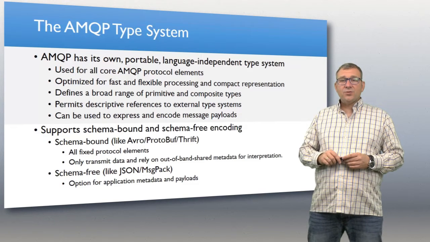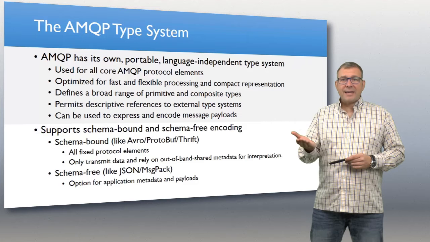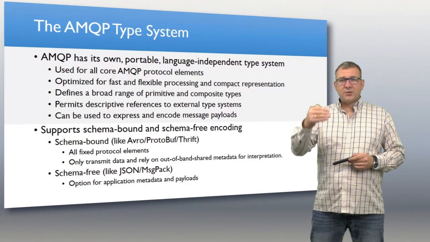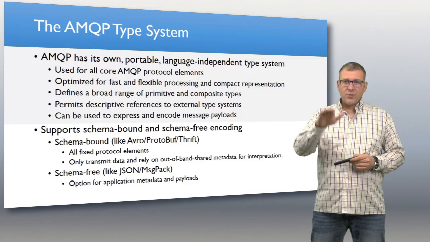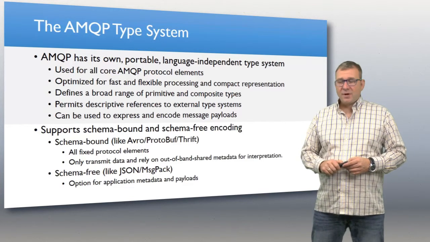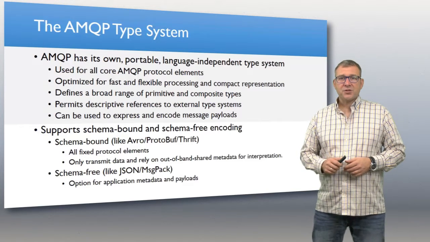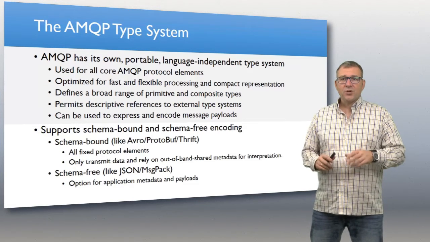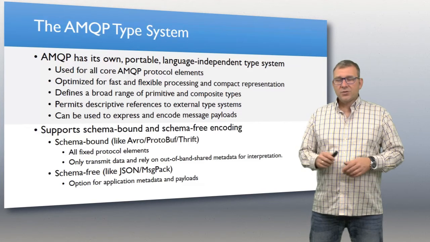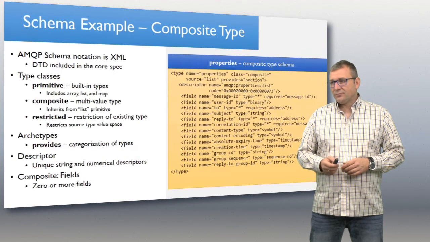That saves you from putting descriptive metadata, labels for the data items, on the wire repetitively. But you can also use it completely schema-free, like you would do with JSON or MessagePack. That's really up to you, and I'll show you examples for that in this session, and in particular in the next session.